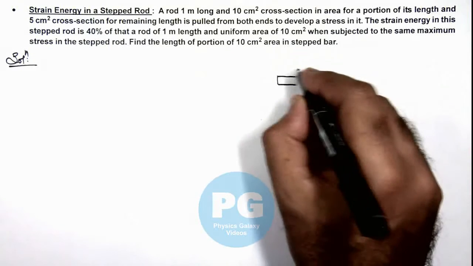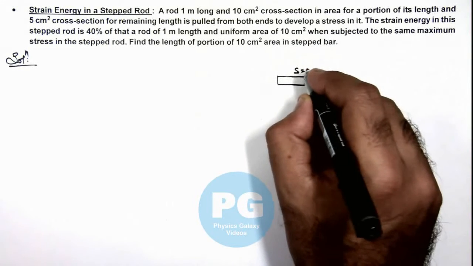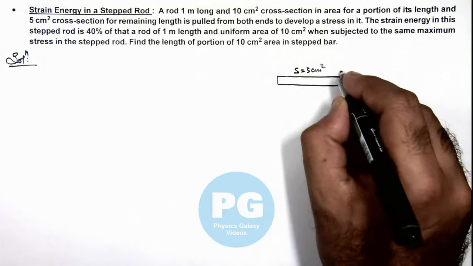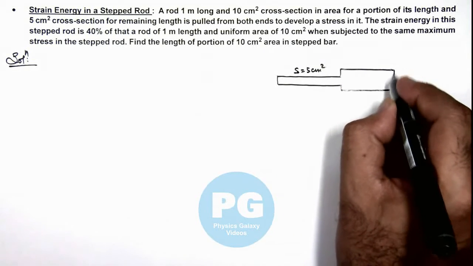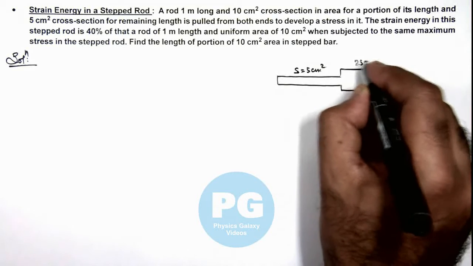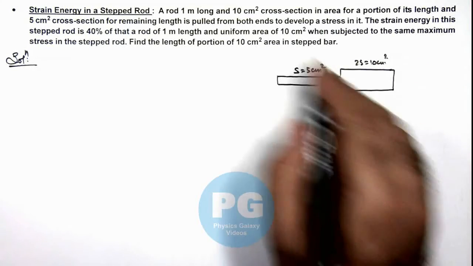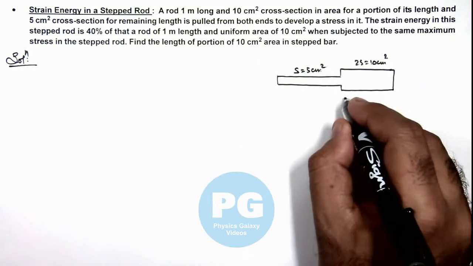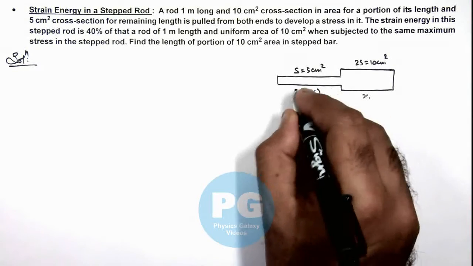That means if here the area is 5 centimeter square, for the remaining length the area of this rod will be 2s, that is 10 centimeter square. So we can say if this length is x, this will be 1 minus x.